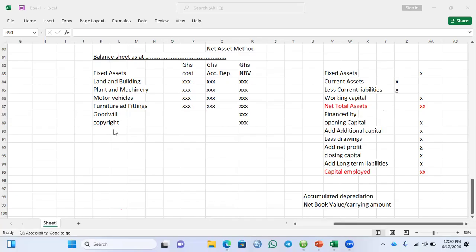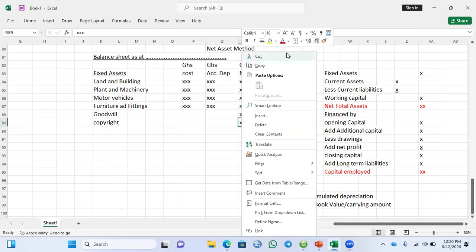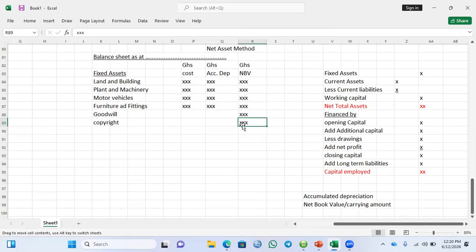So when you list all your fixed assets, you total them here. The third column, then we'll have your total fixed assets.